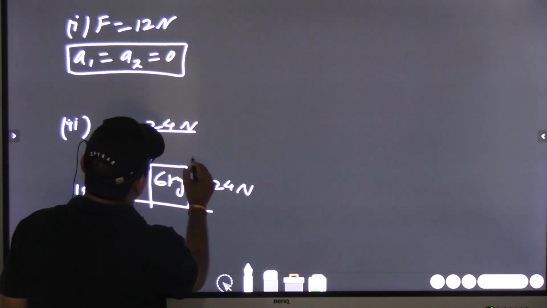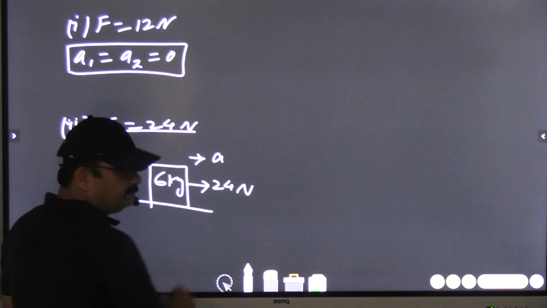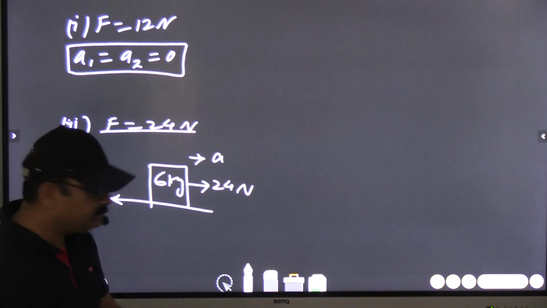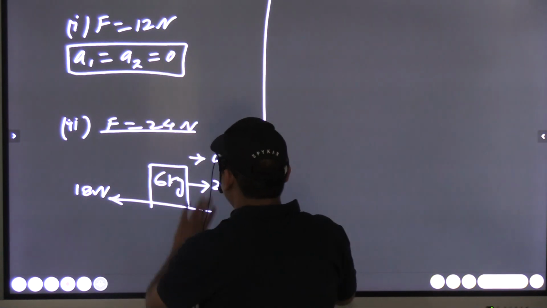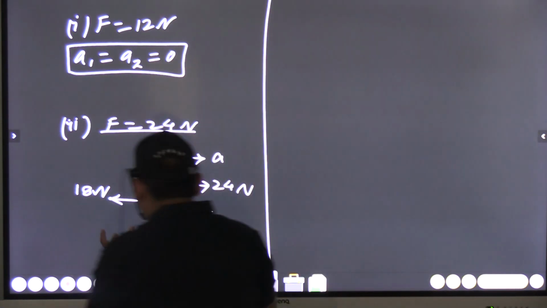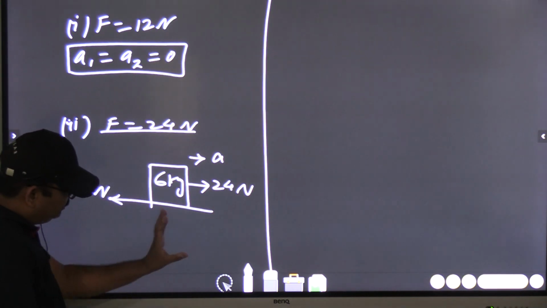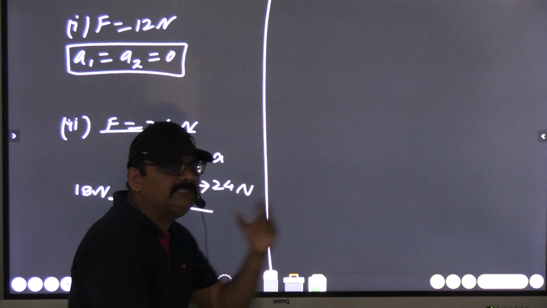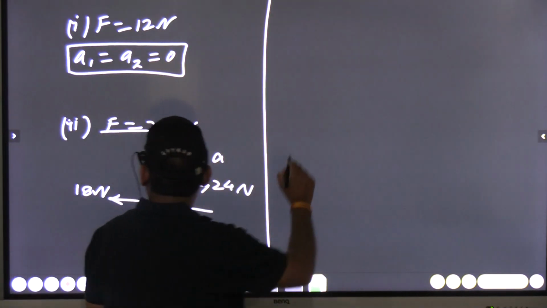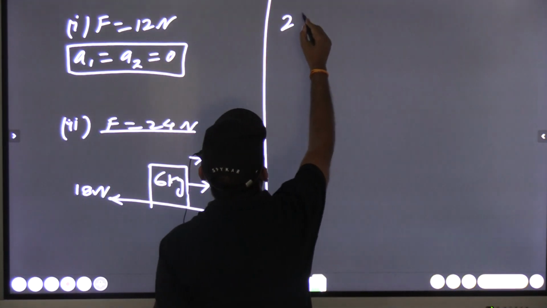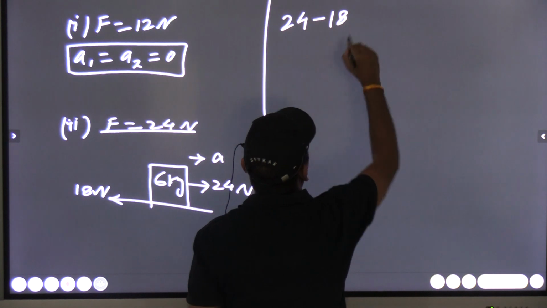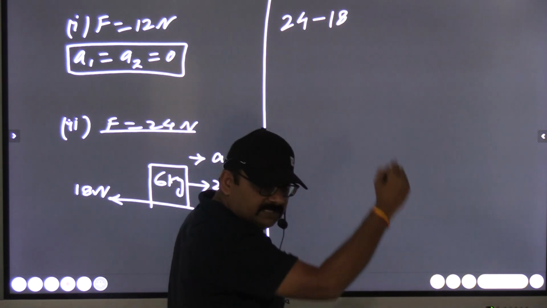The acceleration of both of the blocks is common, right? We need not write the forces in the vertical direction; here we need only horizontal forces because the body is accelerating in the horizontal direction. So the force 24 minus 18 is the net force, and on the right side mass times acceleration.